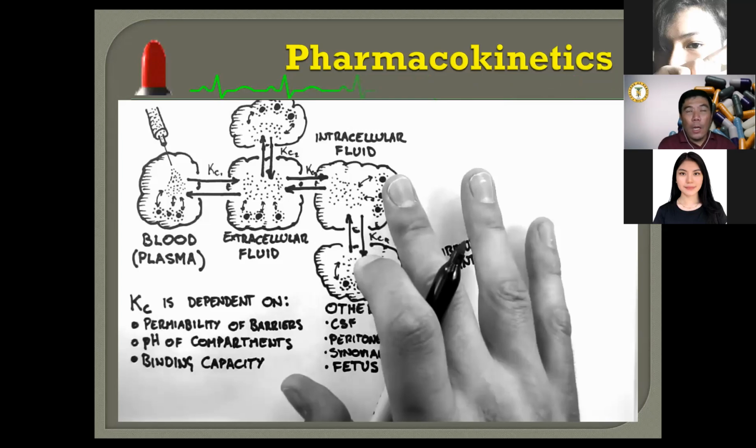Now, if these compartments have a high acid level, for example the level of pH is acidic in this extracellular compartment, too much acid may also cause premature breakdown of the drug. Yes or no? Yes.